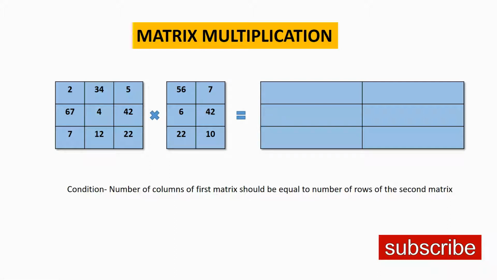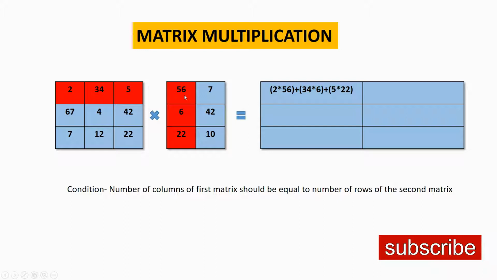Now how we are going to perform the matrix multiplication is first we are going to consider the first row and first column. I've just highlighted this in red, so you can see first row and first column. Then we multiply the position first row first column, that is 2 of the first matrix, with the first row first column of the second, that is 56.